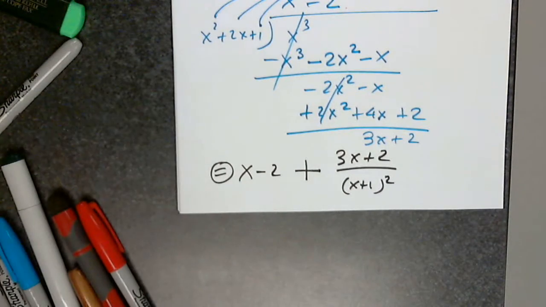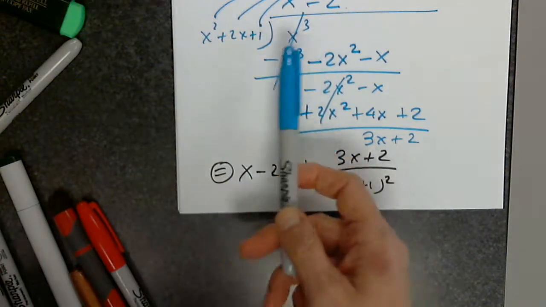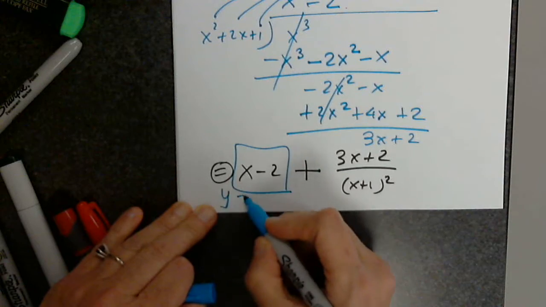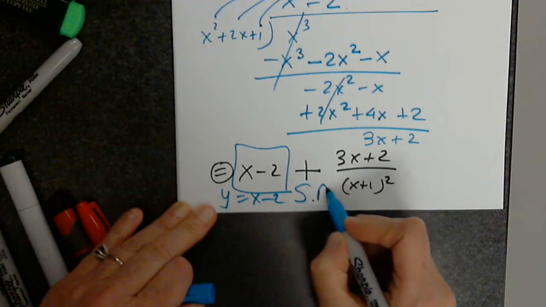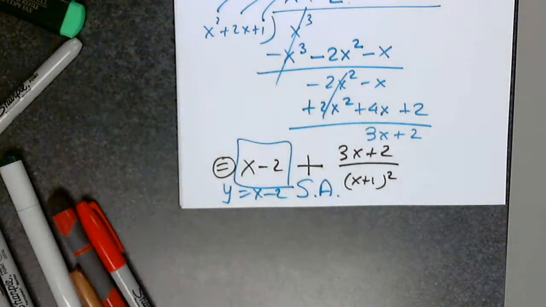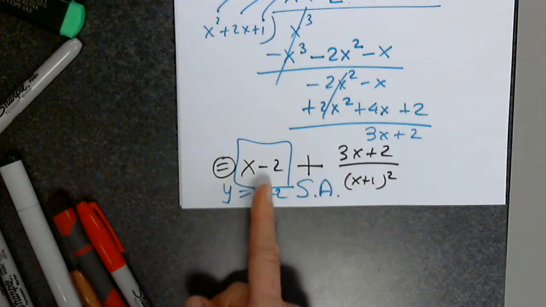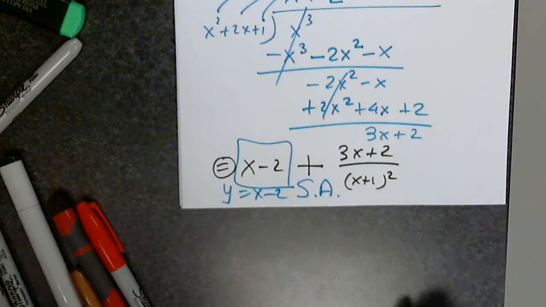Excellent. So we use the long division to divide x cubed by this. Only this, y equals x minus 2 is the slant asymptote. Why? Because at infinity, the function will approach this line and this will approach 0. That's why.